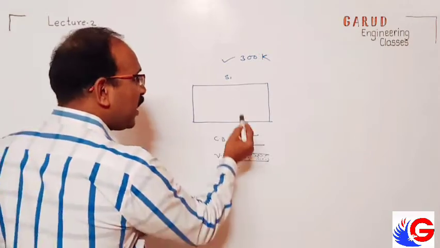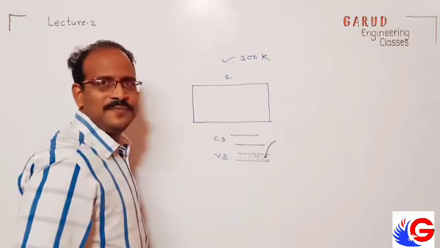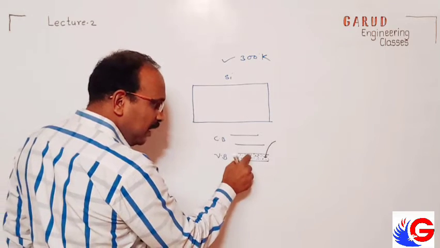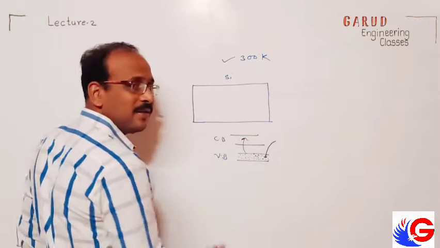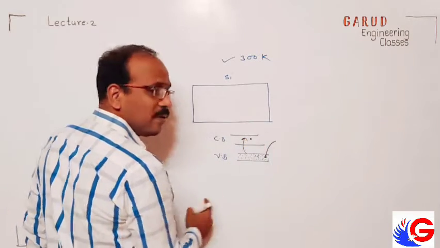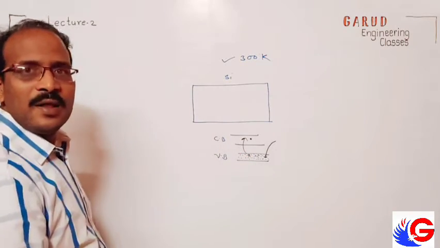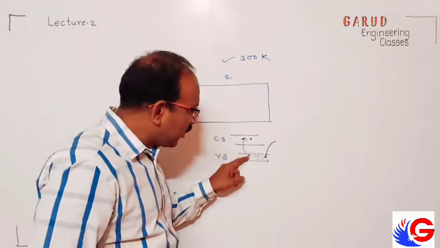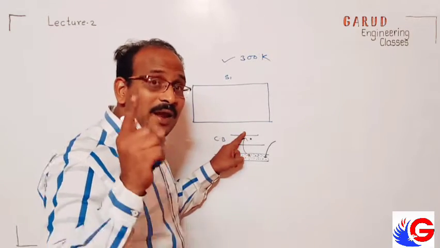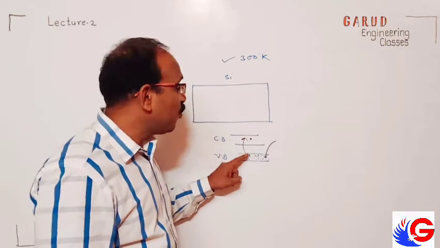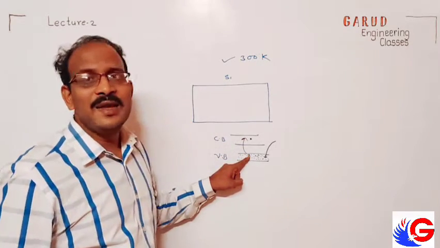Now what happens because of temperature? Temperature behaves like external energy. So this particular electron will jump into the conduction band, and there will be one free electron. What about this? There is one vacancy of an electron. If one electron jumps from the valence band to the conduction band, that electron becomes free, but there is always one hole, which we can treat like a free hole.